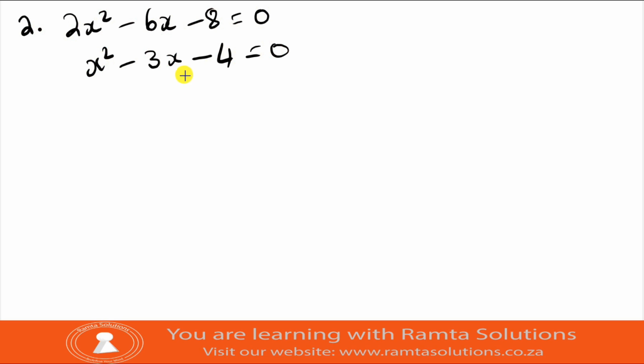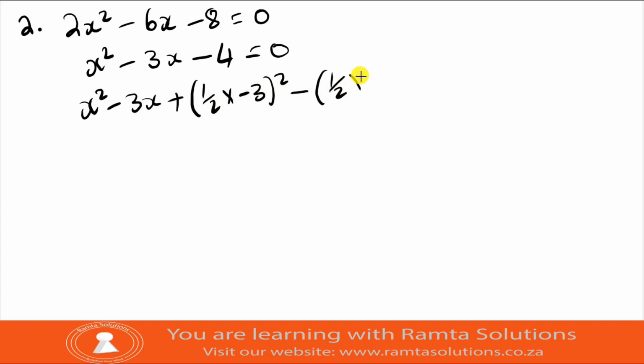This looks like we can solve easily, but remember the instruction was by completing a square. So we will say x squared minus 3x plus half the coefficient of x, which is minus 3, all square, minus it again, minus 4 equals 0.